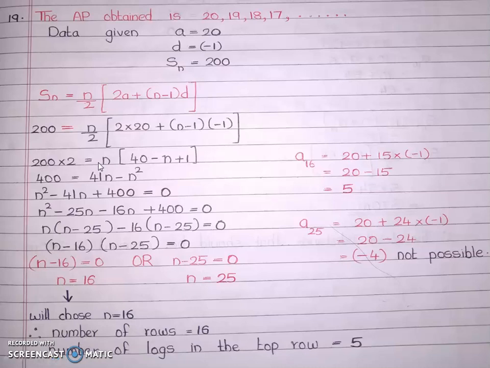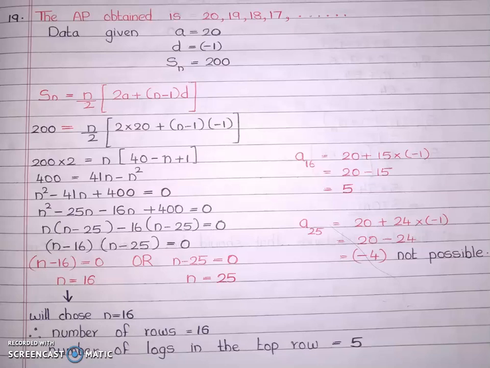The AP obtained here is 20, 19, 18, 17, etc. So you can get the first term and the common difference from this. And the total number of logs also you know. That is, sum of n terms is 200. You have 200 logs. So the sum of logs is 200.